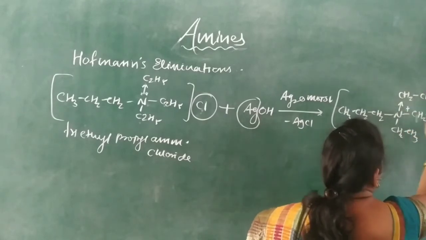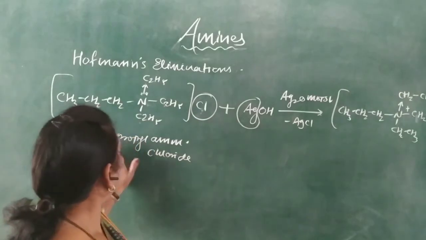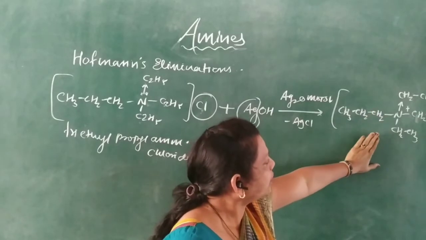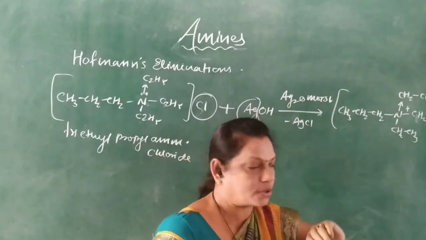This is positive and OH negative. This is also called triethyl propyl ammonium hydroxide, a quaternary ammonium hydroxide.